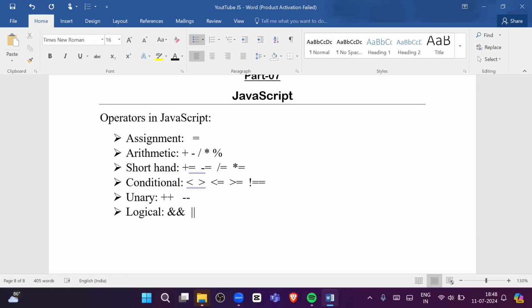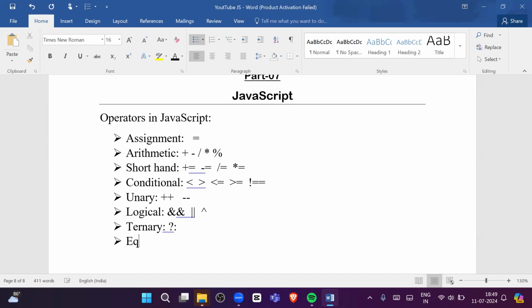Then we also have the XOR operator, which is also a logical operator. Then after that we have the ternary operator. We will learn this operator in detail while writing the code. It has a question mark and a colon, and it evaluates on three operands.